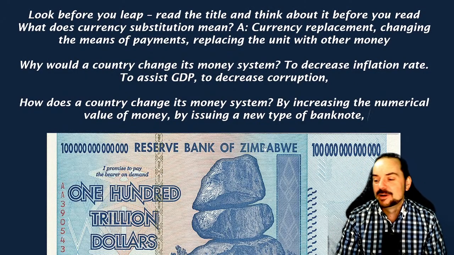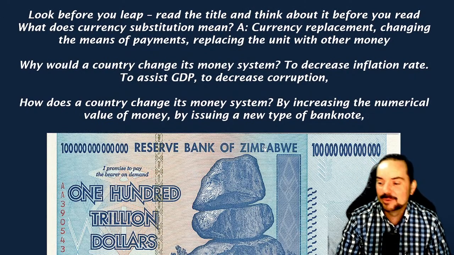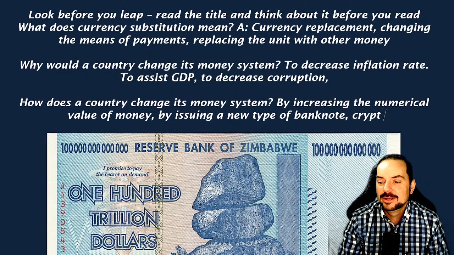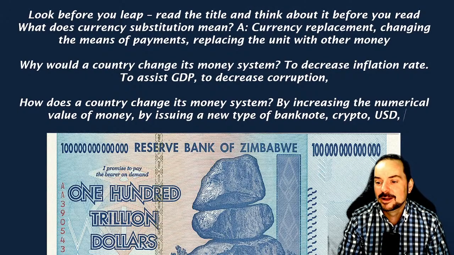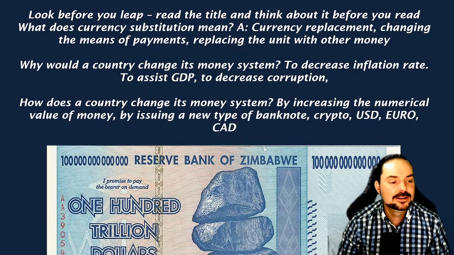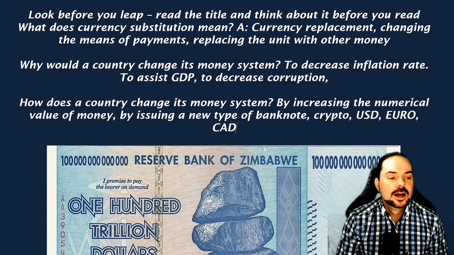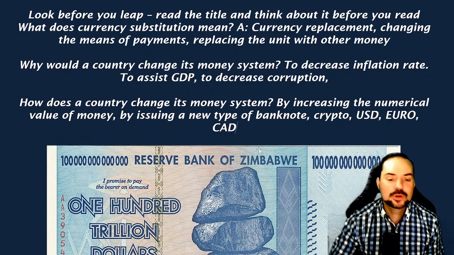Panda will take Ethereum. Yeah, crypto. Why not? Crypto, US dollar, maybe euro. Hopefully you'll take my Canadian dollar, CAD. We tend to have some pretty decent strength in our dollar. Some people do. Okay, good.